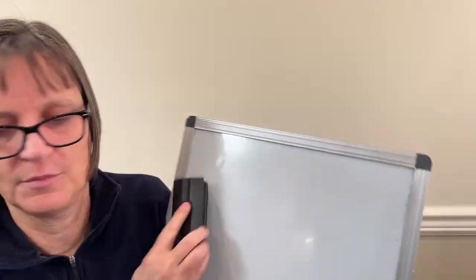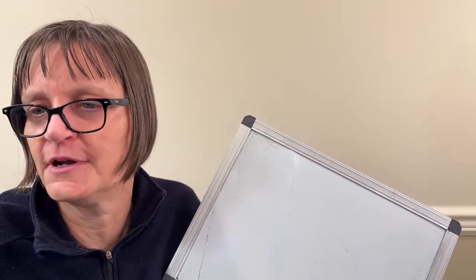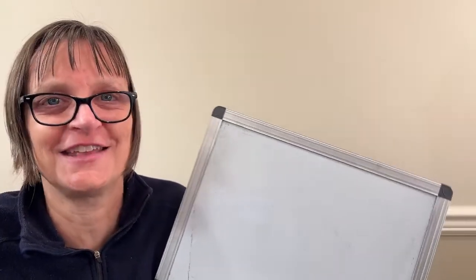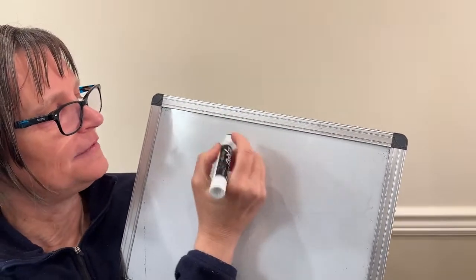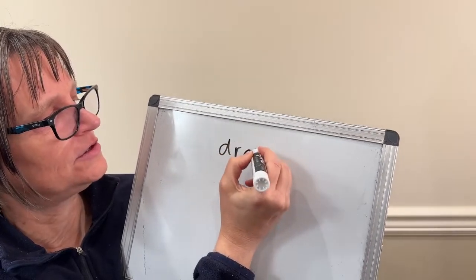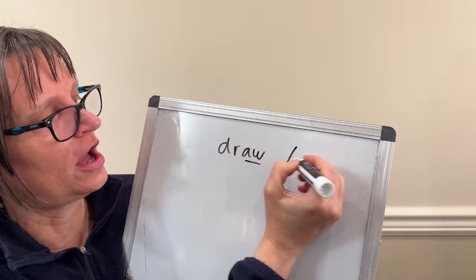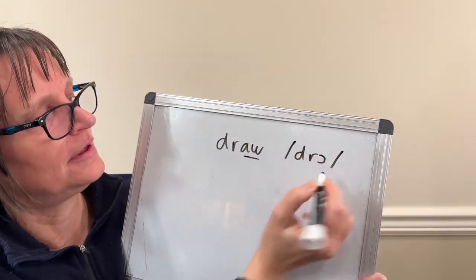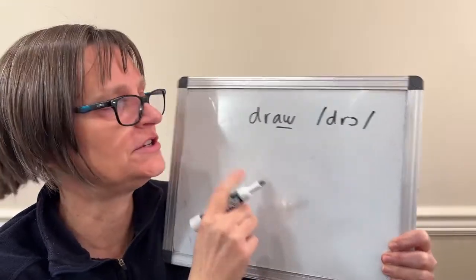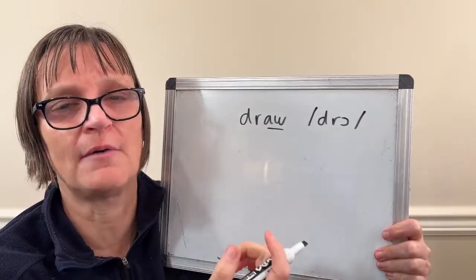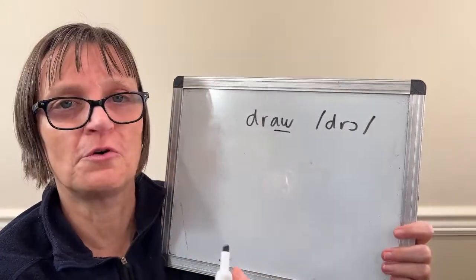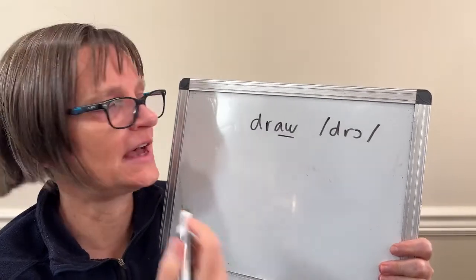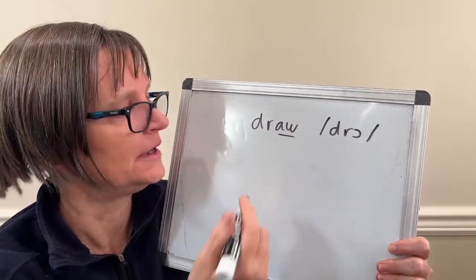Okay, we have a question about drawer. So I do have a video for that I can send you to. Even though in draw, we have the ah vowel, like saw, draw, she saw how I draw. In drawer, it no longer matches that. We're not doing drawer.